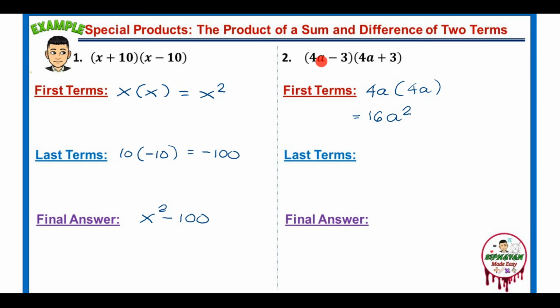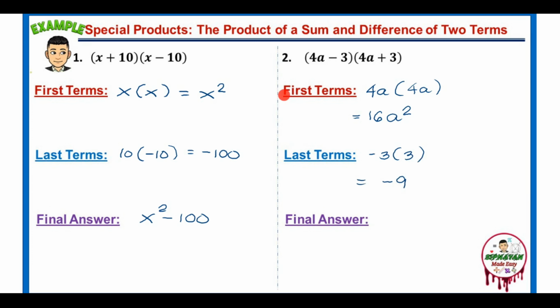In 4a minus 3, the last term is negative 3. In 4a plus 3, the last term is positive 3. Multiplying negative 3 with positive 3, this will give us negative 9.